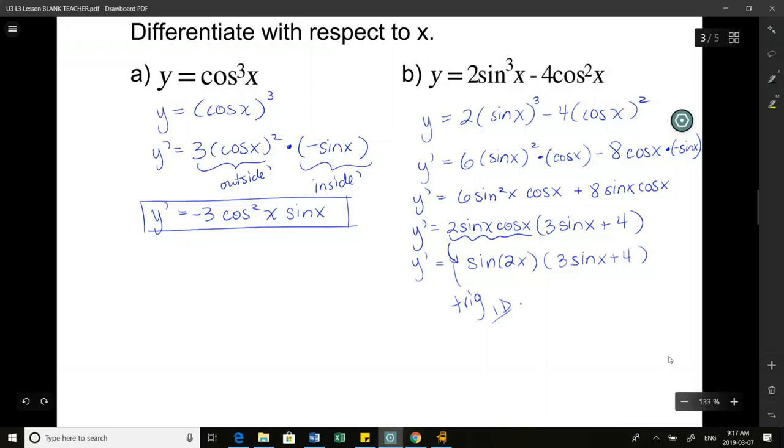I took a 2 out. So when I common factored 2 out of the 8, I had 4 left. Okay, that one was fun.